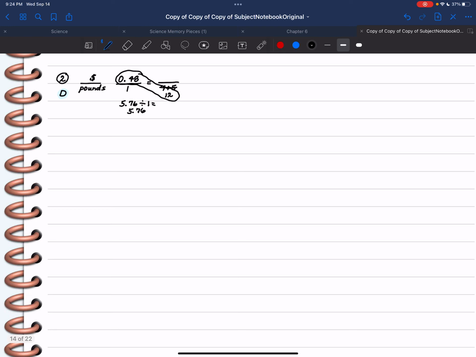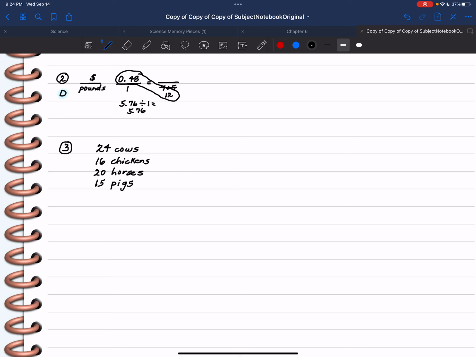All right, number 3. On a farm, there are 24 cows, 16 chickens, 20 horses, and 15 pigs.